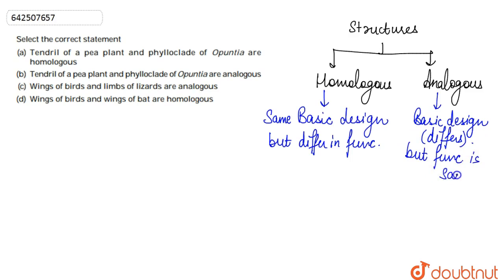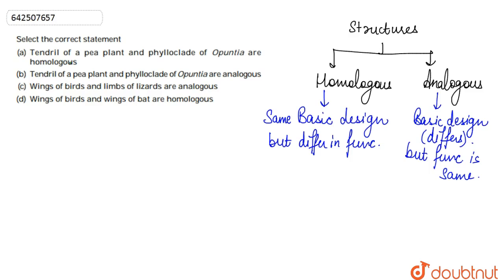If we look at the first statement, tendrils are the slender thread-like appendages of a climbing plant. The pea plant is a climbing plant, so there are some thread-like structures or appendages present which are known as tendrils. And the phylloclade is a flattened branch, or a stem joint resembling and functioning as a leaf.